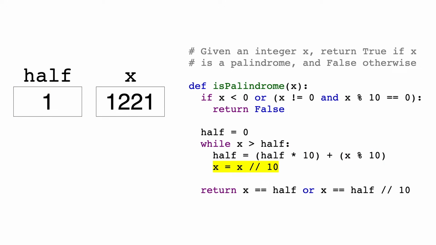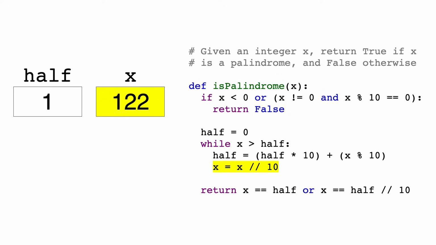The next step is to update the x variable using floor division. Remember, floor division will round the result down to the nearest whole number. So 1221 divided by 10, then rounded down, is 122. Notice that what we effectively did was transfer the 1 on this side over to the other side.